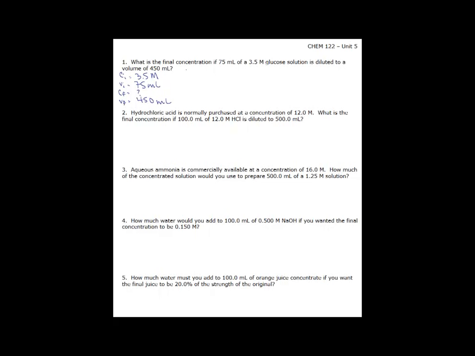So we solve for CF. So it's going to be CI VI over VF. So 3.5 molar times 75 milliliters divided by 450 milliliters. Milliliters cancels out. 2 sig figs, so we end up with 0.58 molar.